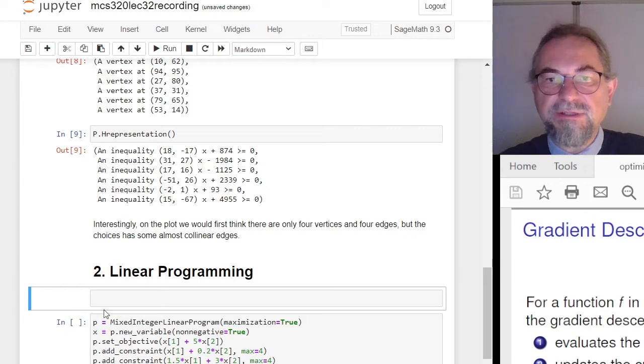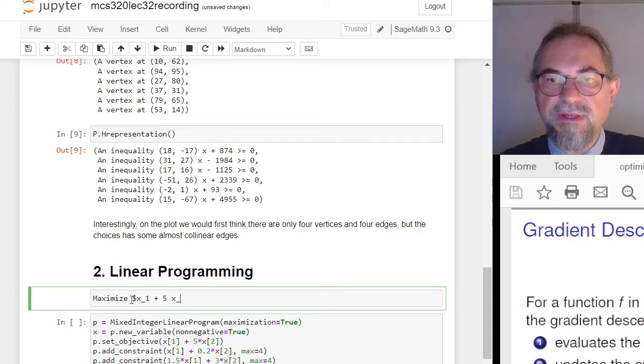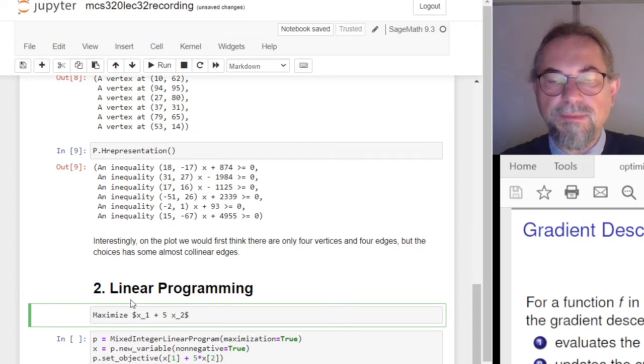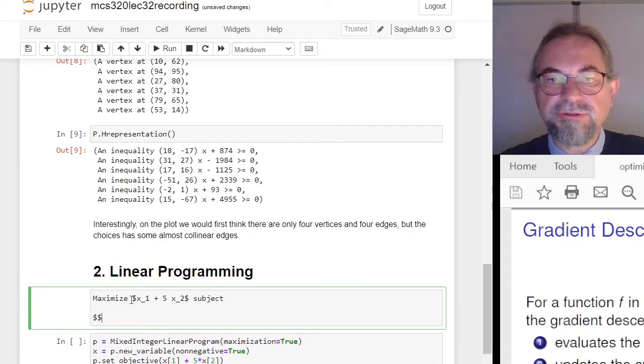So for an exercise, the type of exercise that you would need to be able to do, maximize x1 plus 5 times x2 subject to the following constraints.